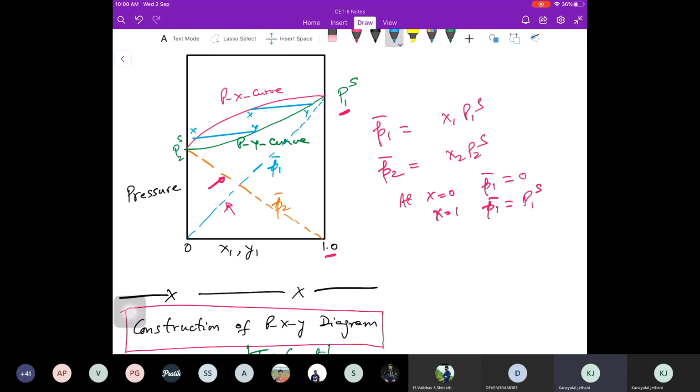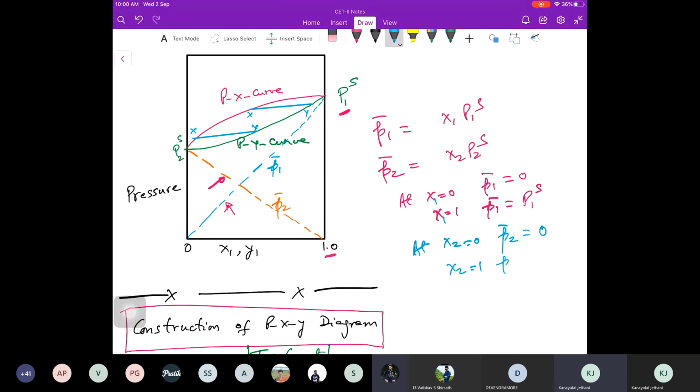Similarly, if you take x1, and suppose I take x2 equal to 0, so P2 bar क्या हो जाएगा? x2 equal to 0 means 0. तो 0 हो जाएगा, right? Correct. So at x2 equal to 1, P2 bar क्या हो जाएगा?